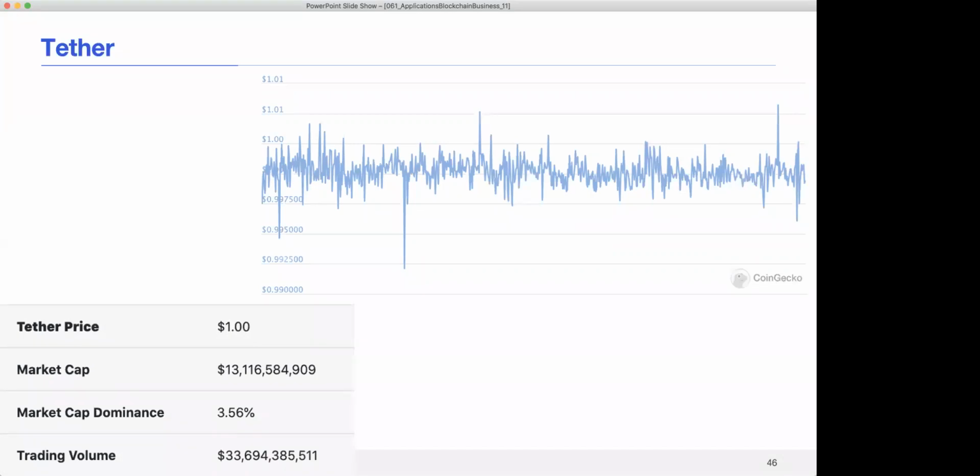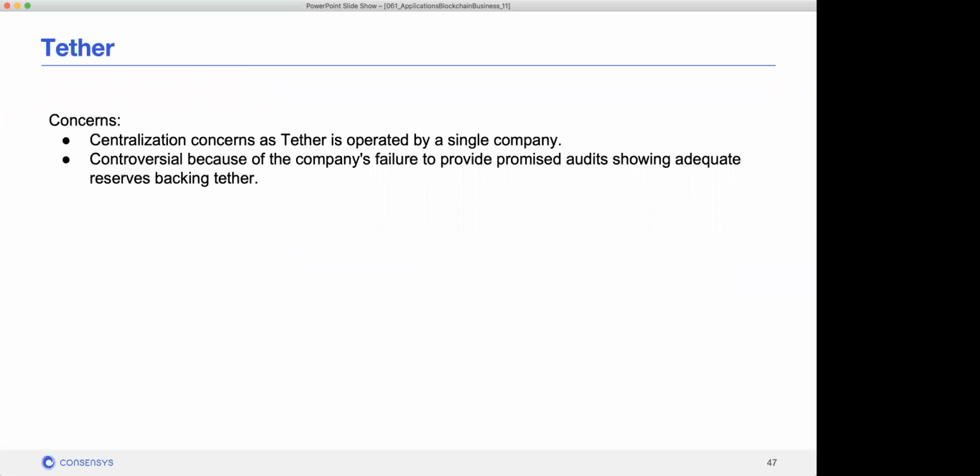As I said, they charge a 0.1% fee, so that means they're making $33 million a day from trading. However, there have been concerns over Tether. Some people feel that it's operated by a single company, so that's not very decentralized. And the company had said that they had cash reserves or real-world assets to cover their ether exposure.